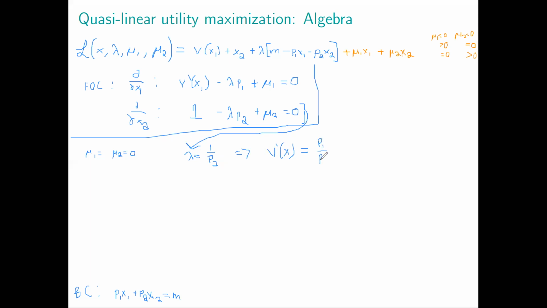So what this tells us is that the amount of good 1 that I purchased only depends on P1 and P2. And we can write x1 star then as equal to v prime inverse of P1 over P2.